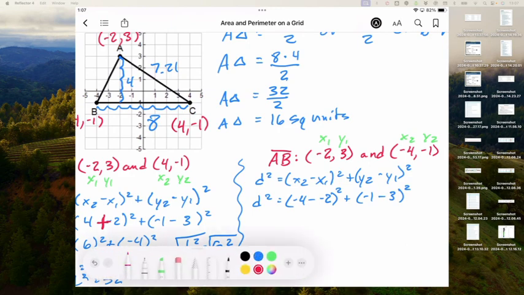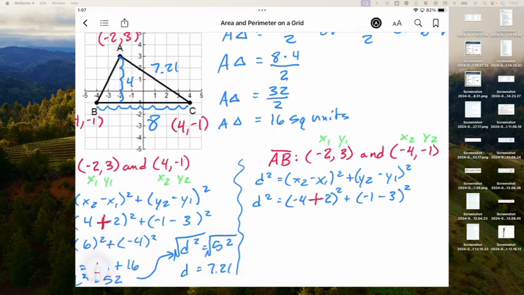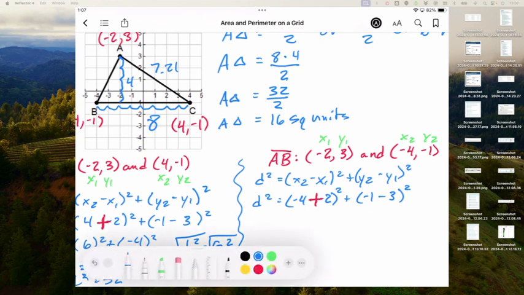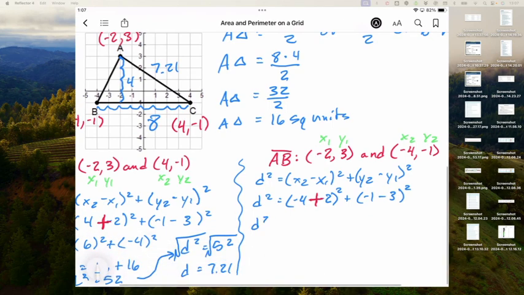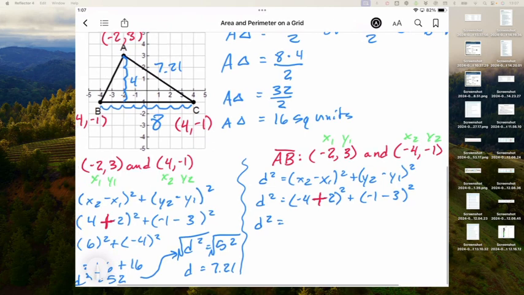And similar to the one previous, we do have those two negative signs next to each other right now. We can turn that into a big plus sign. Saves a little bit of room later. We have d to the power of 2 is equal to -4 plus 2, which is -2, plus a -4. So d squared is equal to 4 plus 16. D squared is equal to 20.